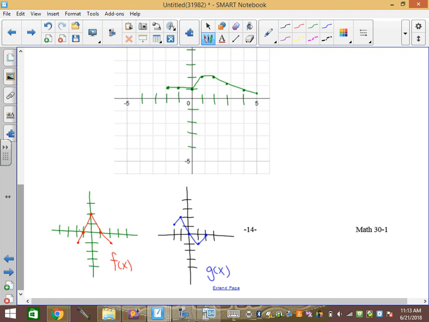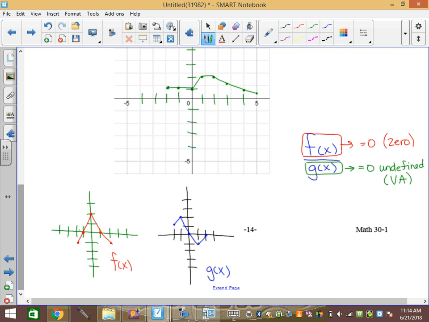And I want to graph f of x divided by g of x. So basically, wherever this is equal to 0, I'm going to get undefined, which is an asymptote. Wherever f of x, the numerator, is equal to 0, I'm going to get 0 divided by something, which is just 0.